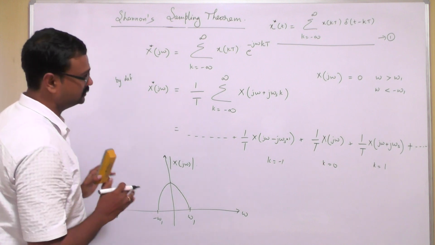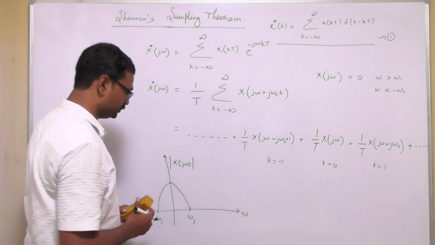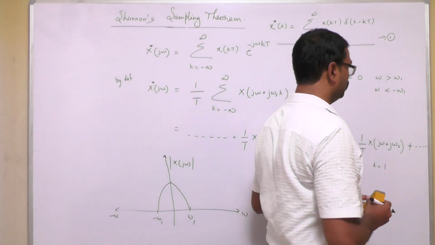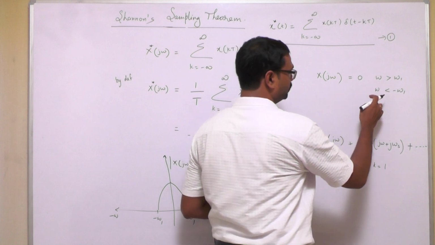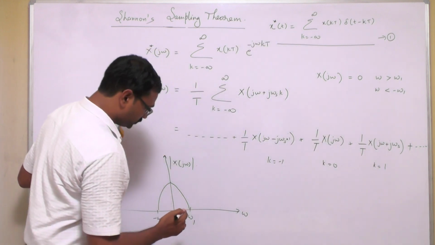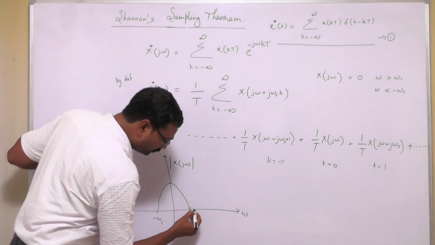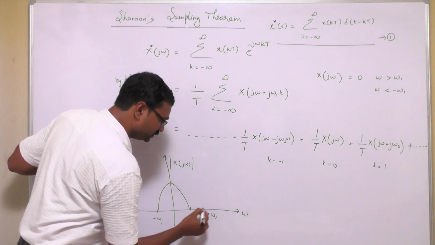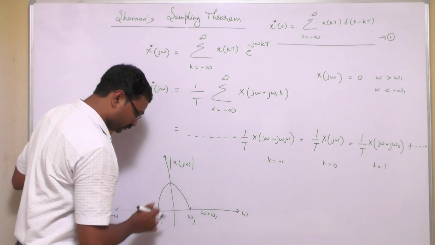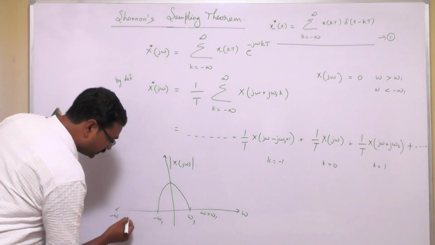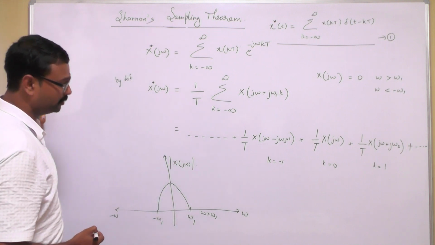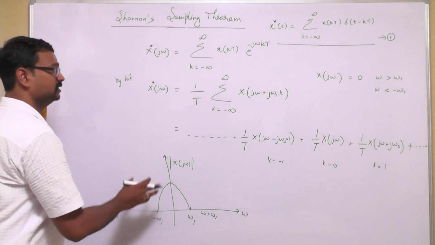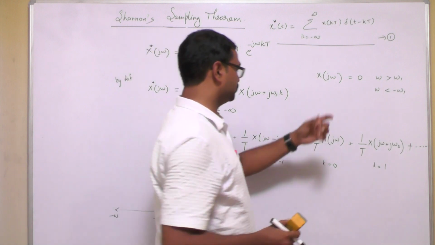Let us assume that x of j omega is equal to 0 for all omega greater than omega 1 and omega less than minus omega 1. With this in mind, you can say that these are the things.